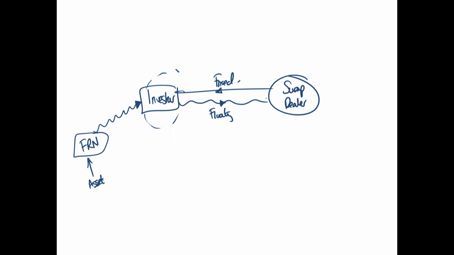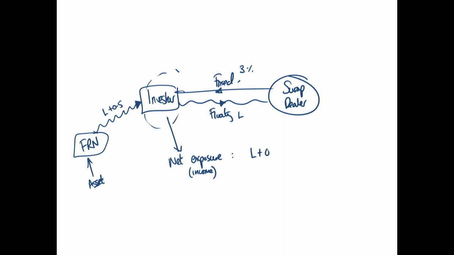They should receive fixed. And if this FRN is bringing in LIBOR plus 0.5%, say, and they pay away LIBOR and they receive a fixed of 3, then the net exposure of this investor is going to be an income.